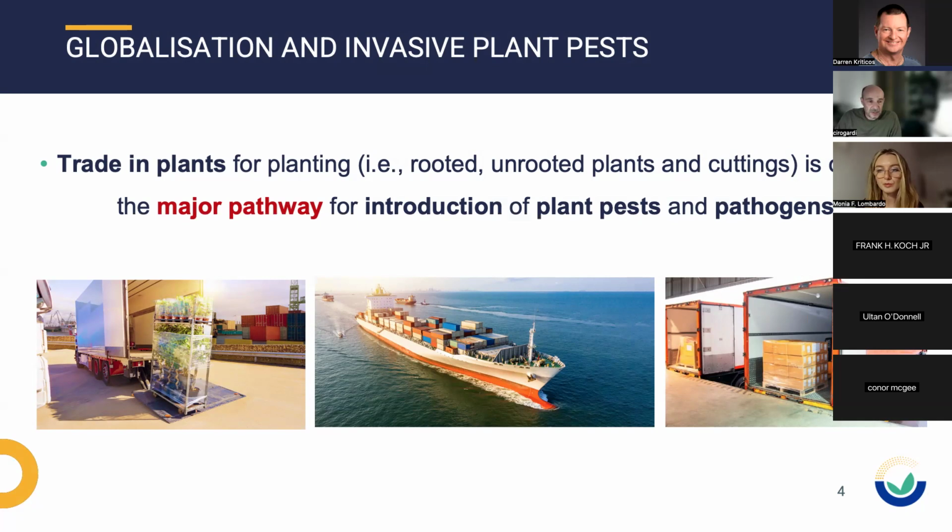And with the trade, humans are moving a huge variety of goods and also moving people. But the movement of plant and plant material is the major pathway for the introduction of plant pests and pathogens. Let's use pest as a generic term that include, of course, arthropods, but also pathogen and so on. So it's the main pathway for the introduction of these organisms in new territories.